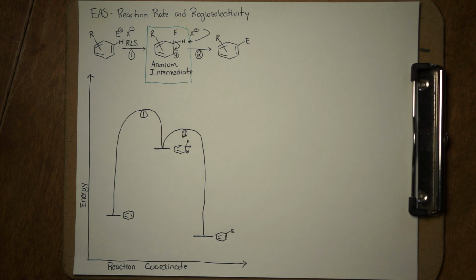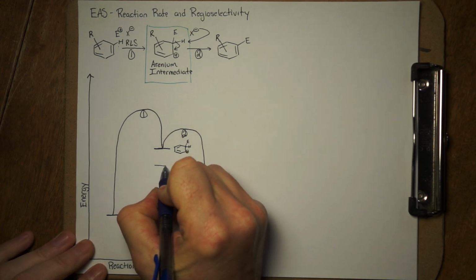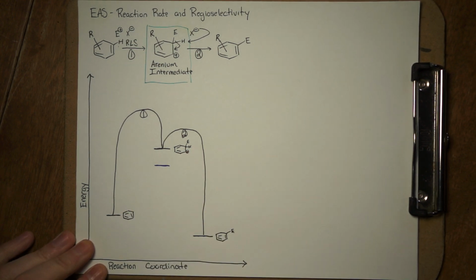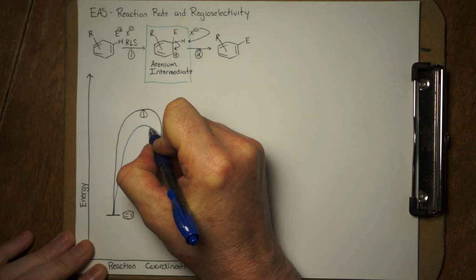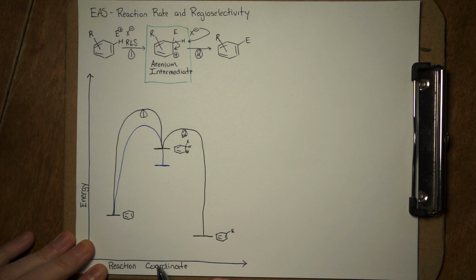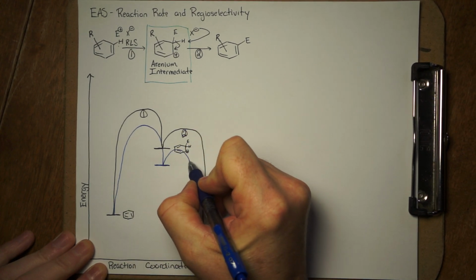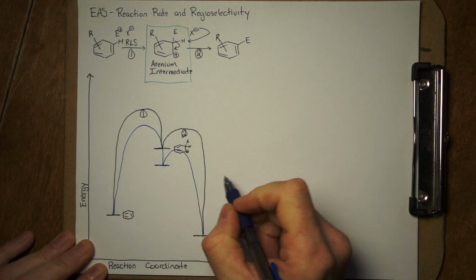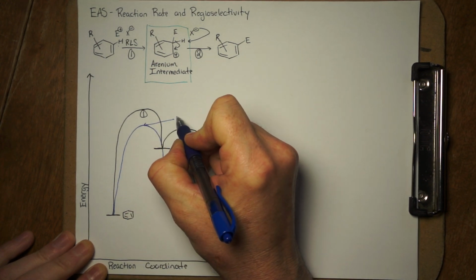Anything that we can do to lower the energy of that arenium intermediate means the transition state that leads to it is also going to be lower in energy, and so that is going to correspond to a faster reaction rate.